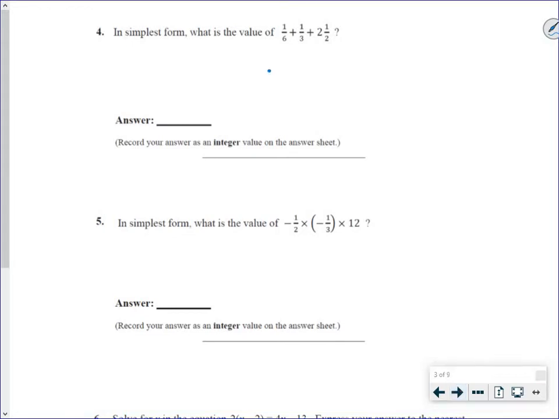Okay, so the lowest common multiple of 6, 3, and 2 is 6. So 1/6 I can just leave as is. 1/3, if I multiply the top and the bottom of 1/3 by 2, 1 by 2 is 2, and 3 by 2 is 6. So equivalent to 1/3 is 2/6.